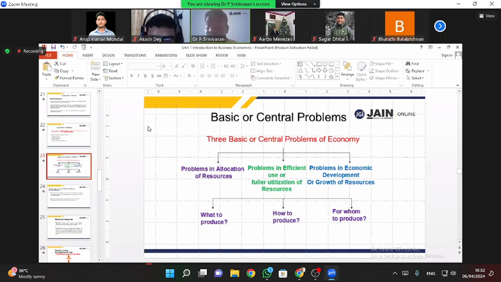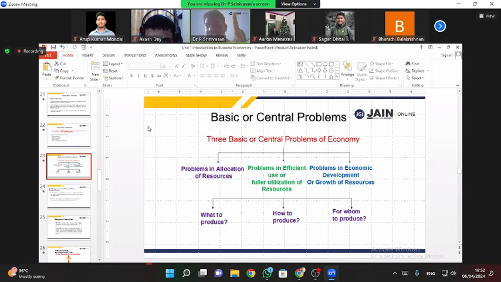So the economic system, this is for your information, is based on three questions, which are connected to the problem of allocation, the problem of efficient utilization of resources, and accumulation of resources. What are those questions?